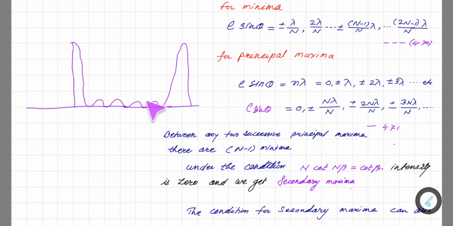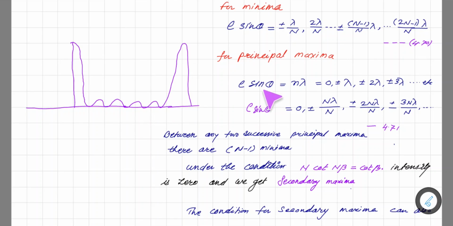So these are secondary maxima and these are secondary minima. Here you see that the number of maxima and minima is decided by how many slits there are. In this case we see 1, 2, 3, 4, 5 minima, whereas there are 4 secondary maxima. So that is the relation.